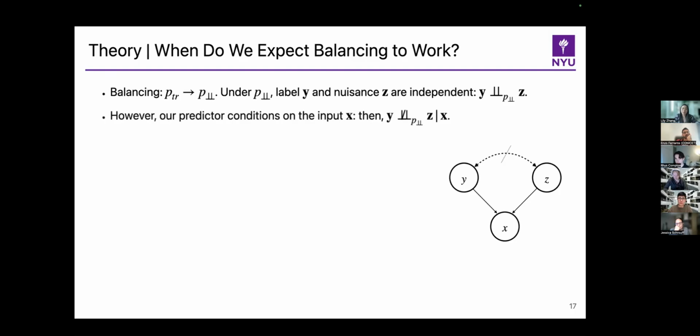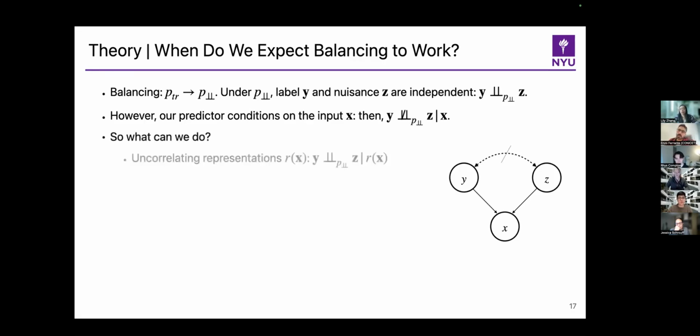However, when we actually are learning our predictor, we're conditioning on our input X. So even though we've enforced a marginal independence between Y and Z, this dependence no longer necessarily holds when conditioned on X. And here we have X as a collider. And so oftentimes we do not have this independence.